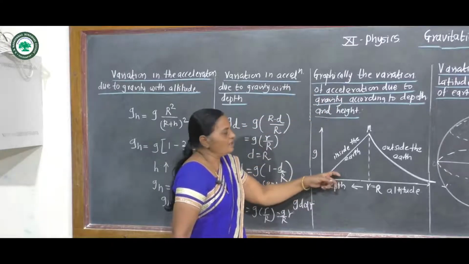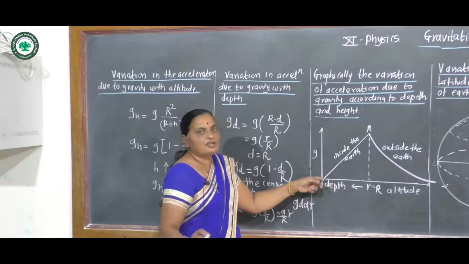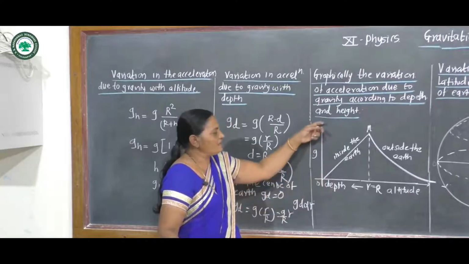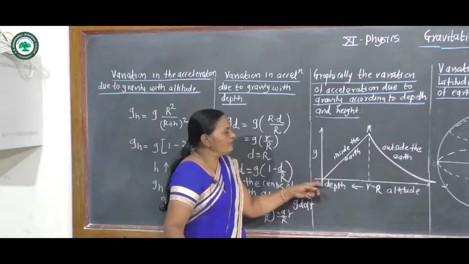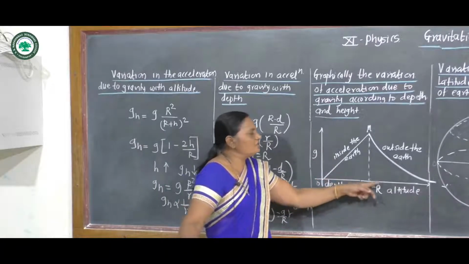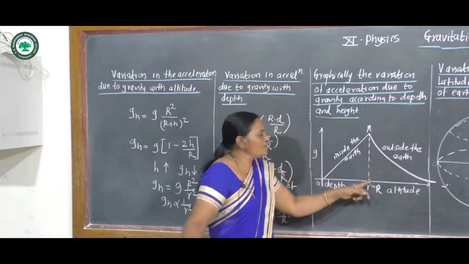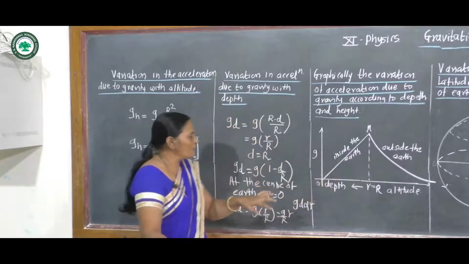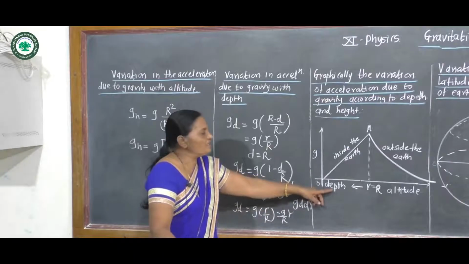Now in this case, we consider the values of g on the y-axis and the values of the distances on the x-axis, towards depth and towards height. Suppose we consider the depth initially.